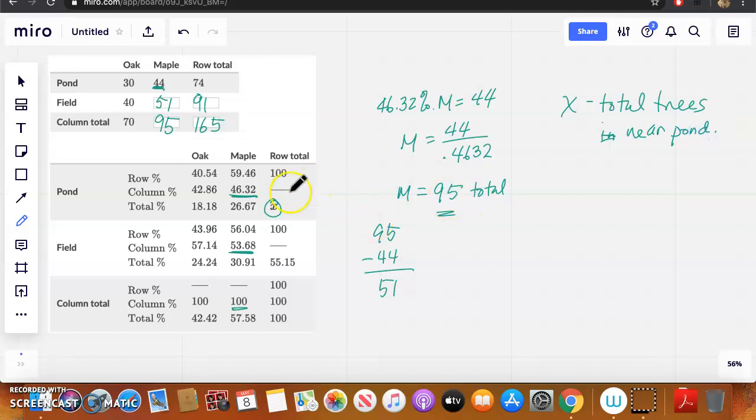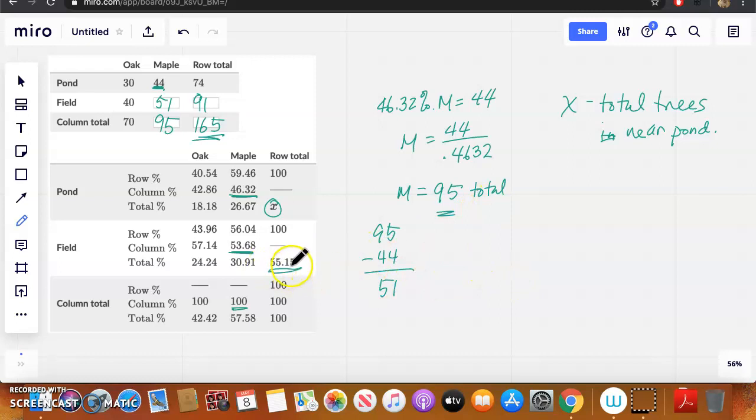Okay, and here it's saying that if 55.15% of all trees are in the field, correct, then how many trees do we have near the pond? Well, we have the total number of trees now. So let's figure it out.